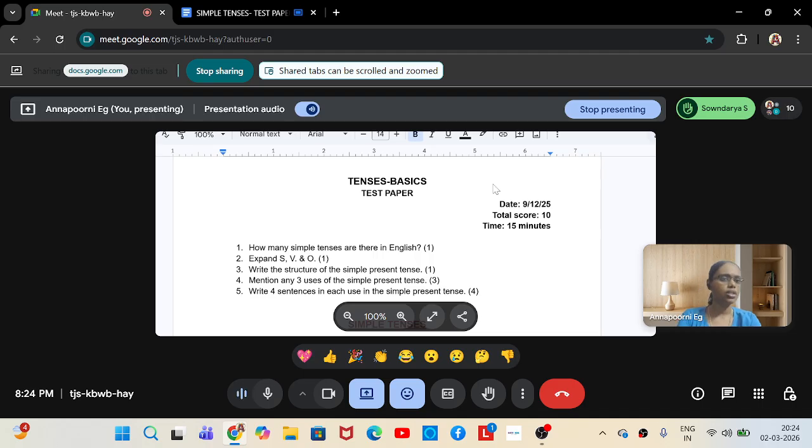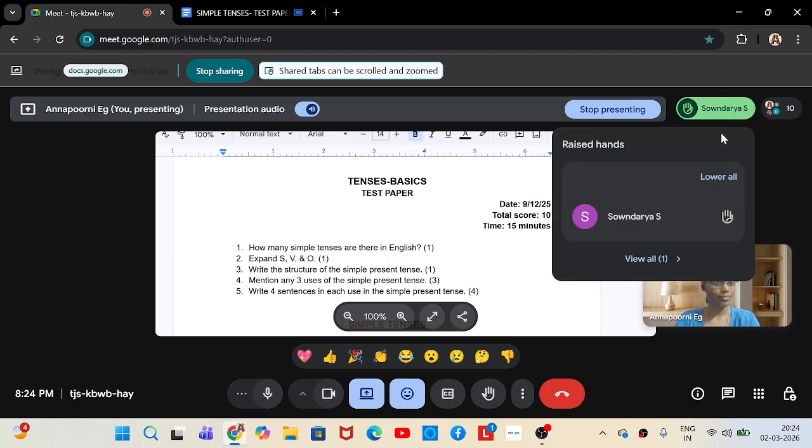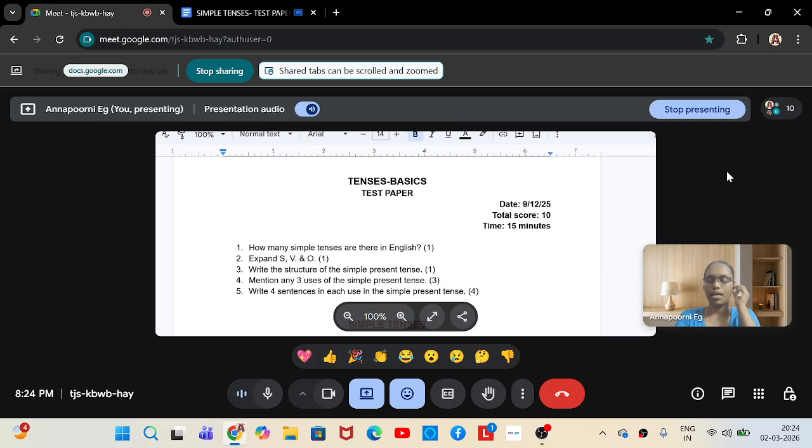And guys, what is the word that we use to call a verb in its ing form? Gerund. It's called gerund. Okay, can somebody spell, anyone apart from Soundarya? What is the spelling of gerund? Good, Soundarya. G-E-R-U-N-D. Good. Gerund, gerund. Very good.